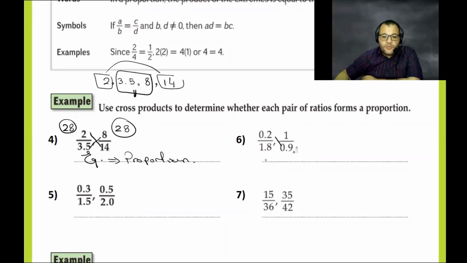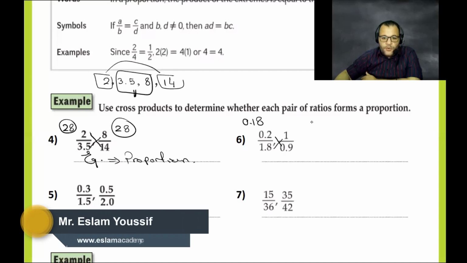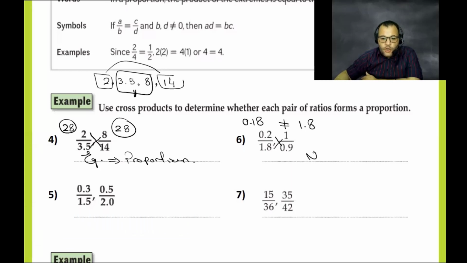Are 0.2 and 0.9 means or extremes? They're extremes. So the answer will be 0.18. And 1 times 1.8 equals 1.8. Are they equal or not equal? Not equal, so they are not in proportion.